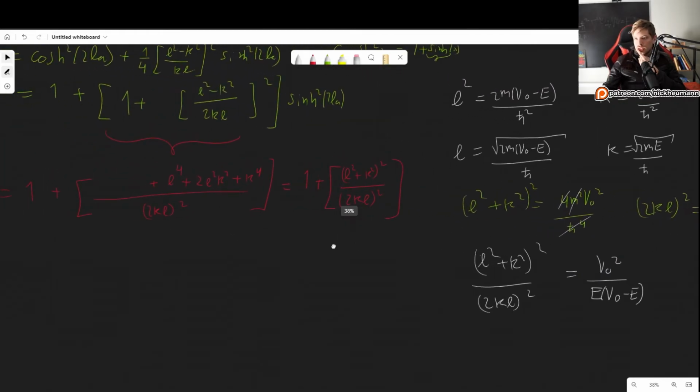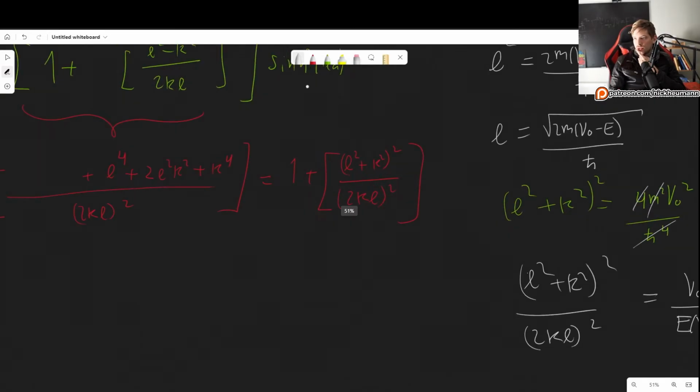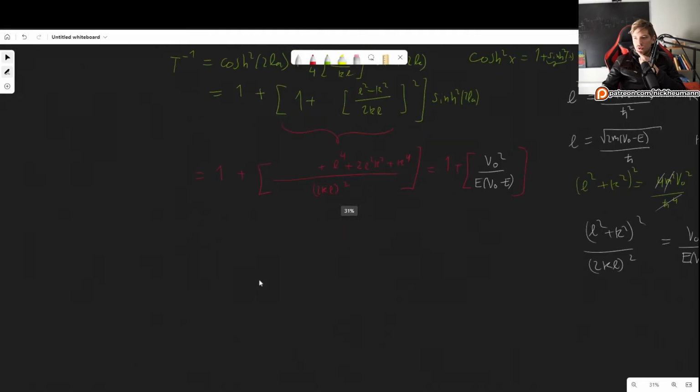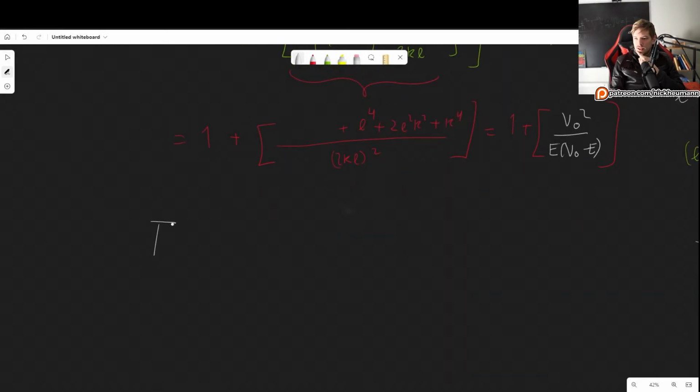Okay, so now we can plug this in here. So this entire thing is simply V0 squared divided by E(V0 minus E). And there we go. This is the inverse, T to the minus 1, of the transmission coefficient.